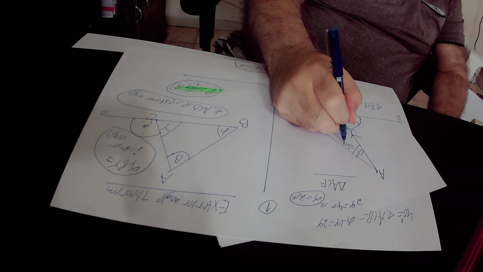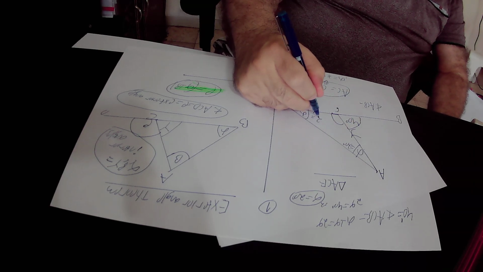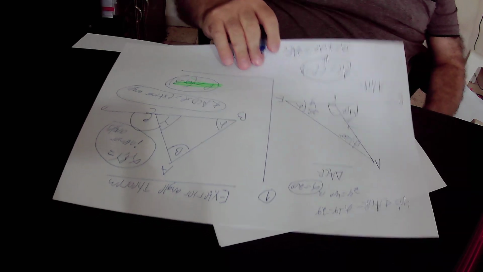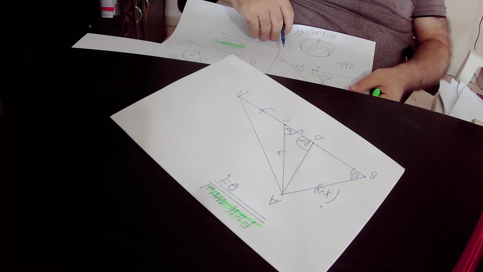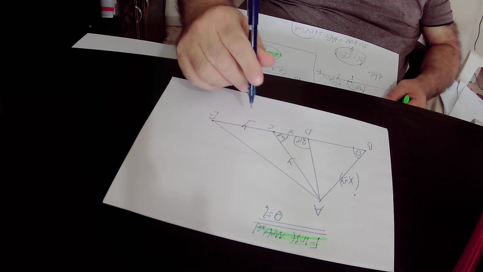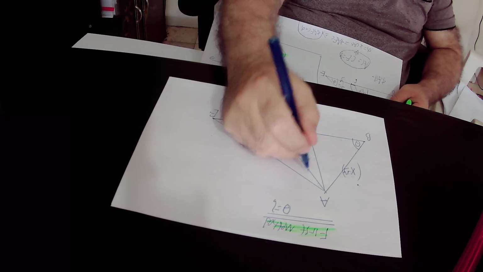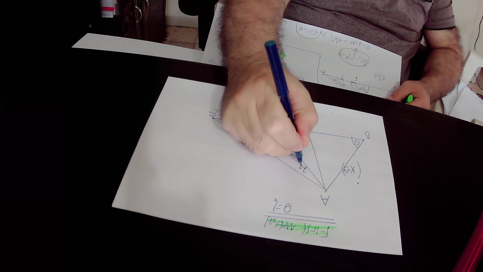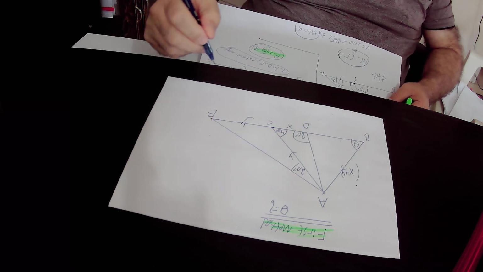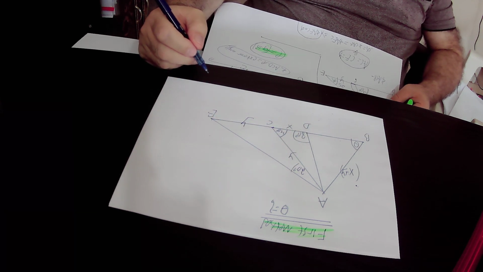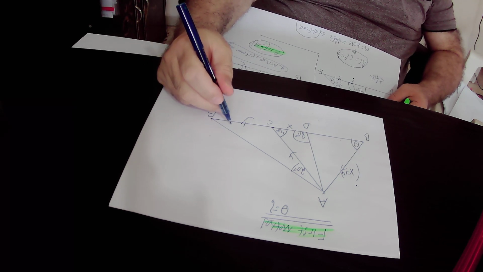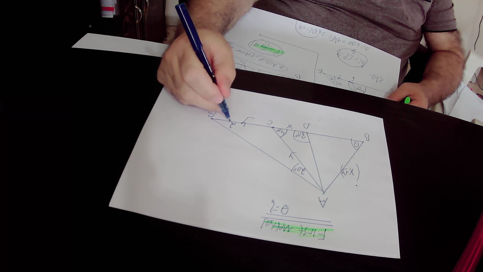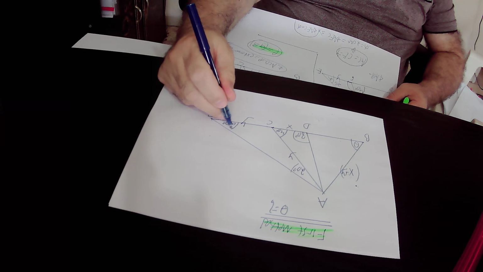So we can write down here that angle CAE, that is equal to alpha, is equal to 20 degrees, and this angle AEC, that is also equal to alpha, is equal to 20 degrees.